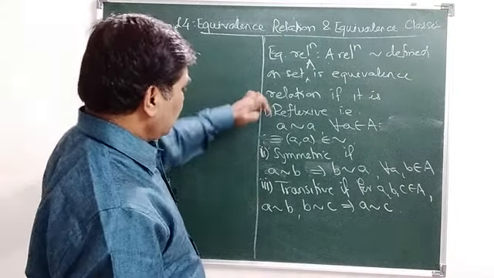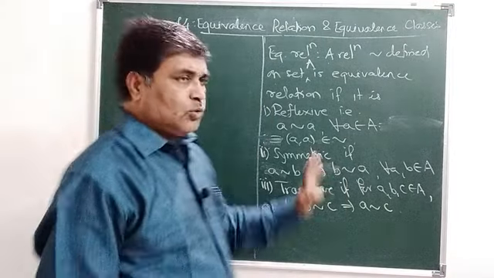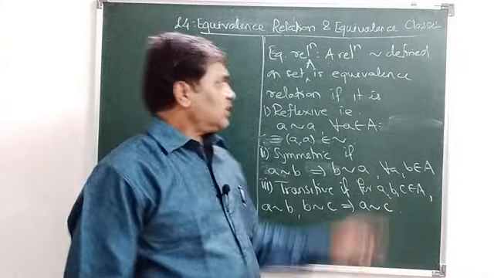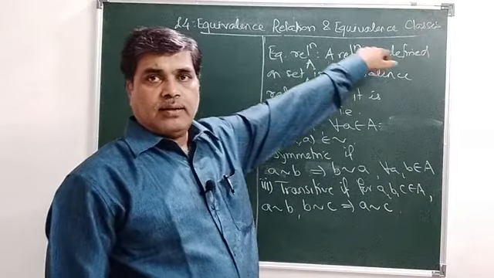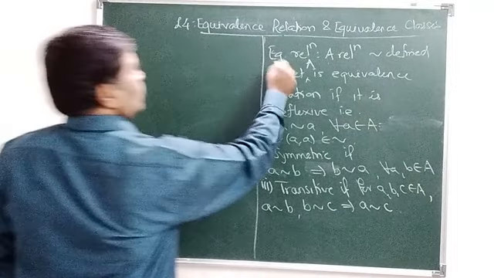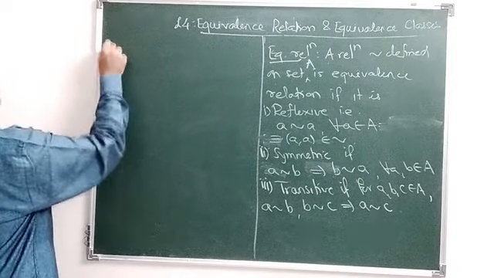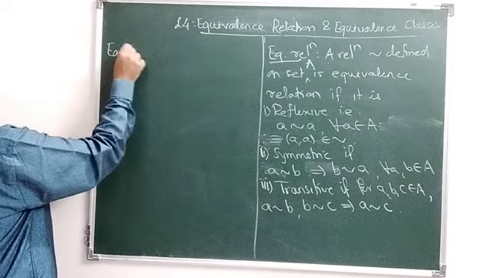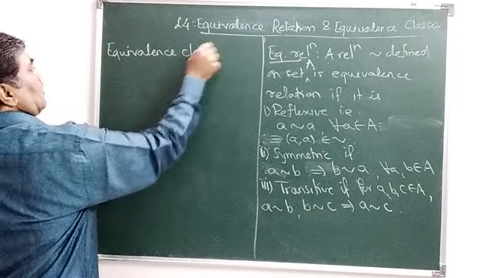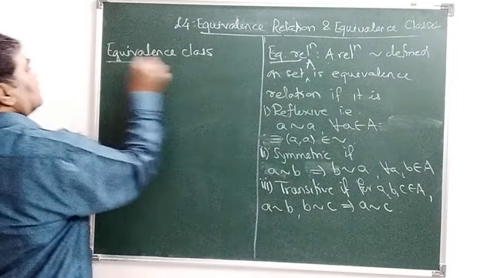So if it is reflexive, symmetric, transitive, then it is known as an equivalence relation. Equivalence relation is denoted by this symbol. With the help of this we are going to talk about equivalence class.